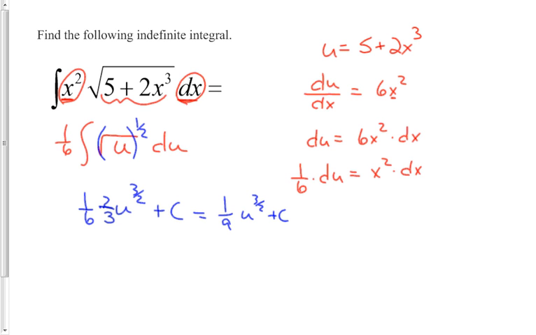Okay, let's go ahead and do the substitution. So we'll end up with 1/9 times u, which is my 5 plus 2x to the third. Because it's a 3 over 2 in my exponent, that's like doing a square root, and then my 5 plus 2x to the third, what's inside of there, put parentheses around it, is like raised to the third power.